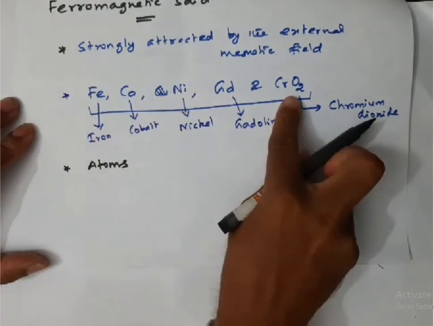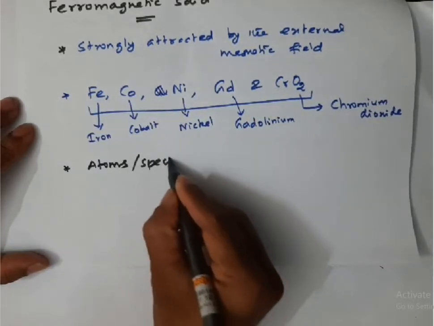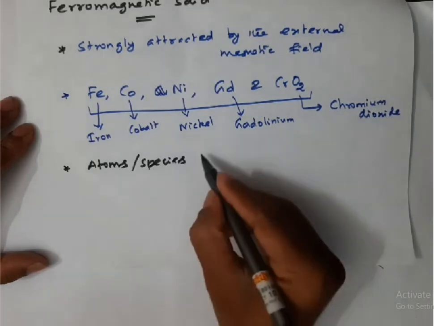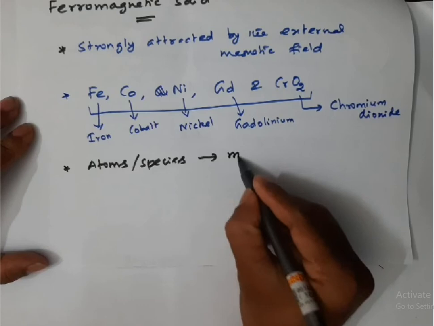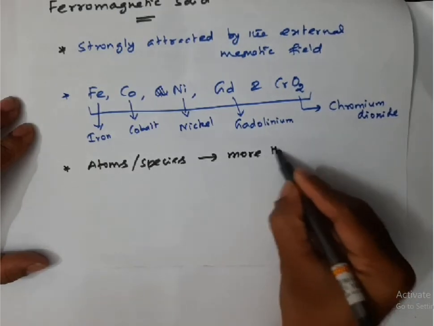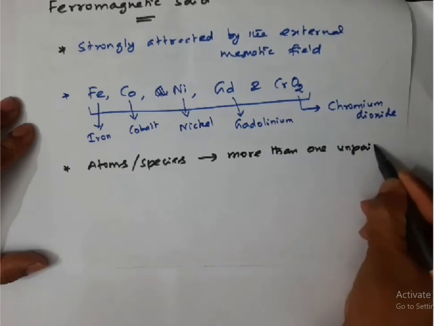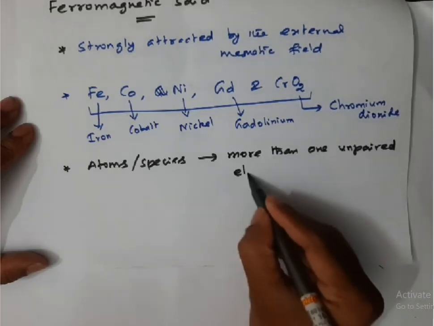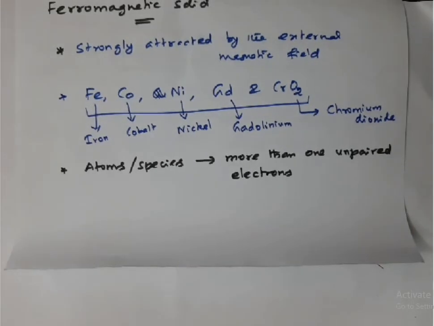Atoms or species, generally species, usually contain more than one unpaired electron.